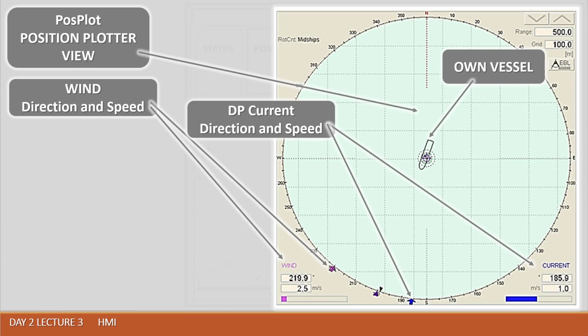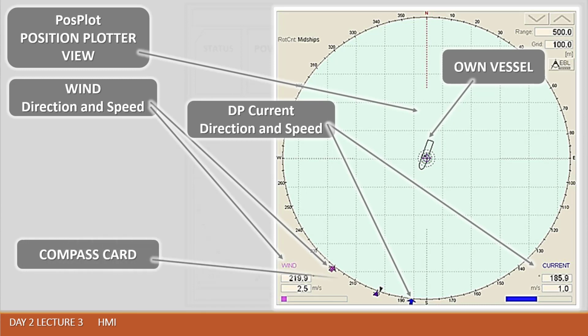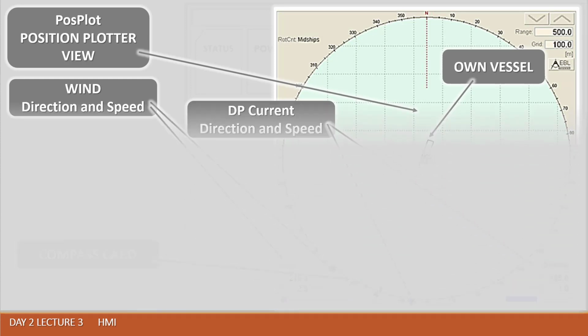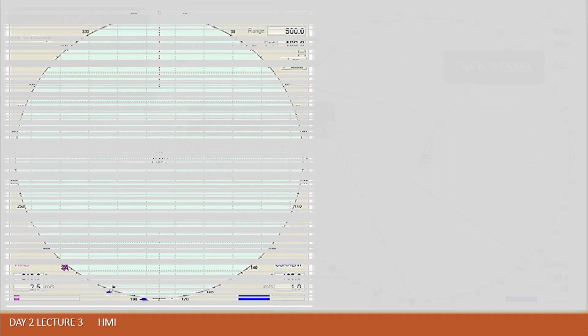The compass plate shows us information about directions on the plotter. Rotation center is indicated at the left side upper corner of the position plotter.